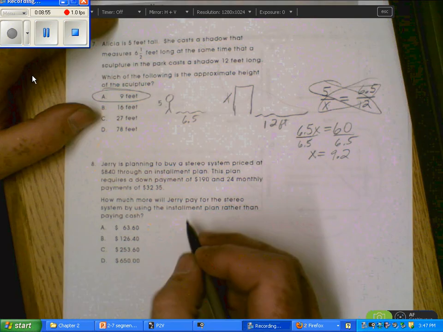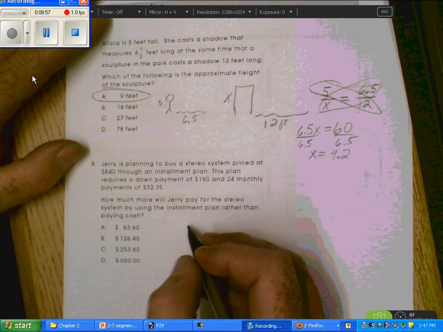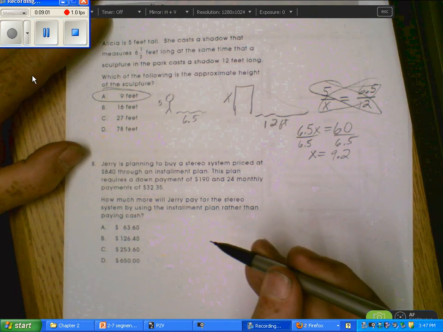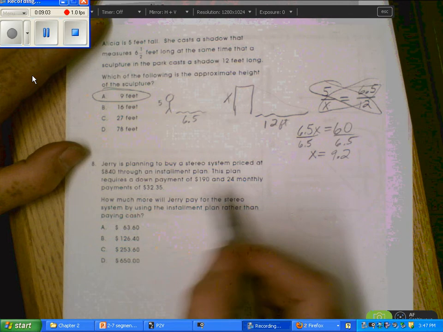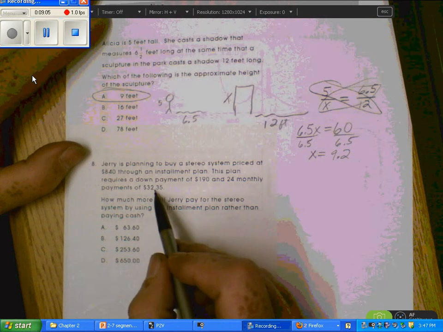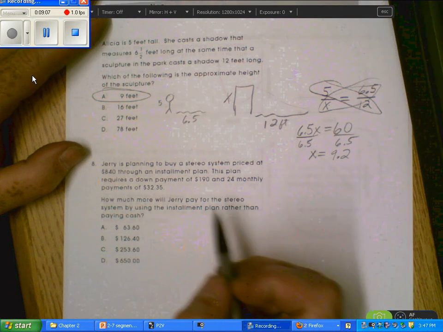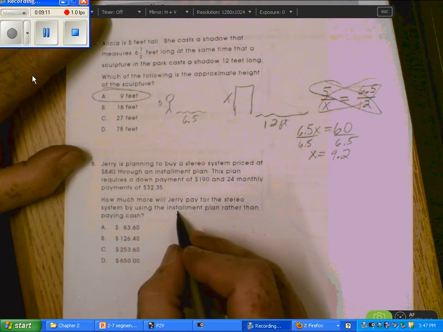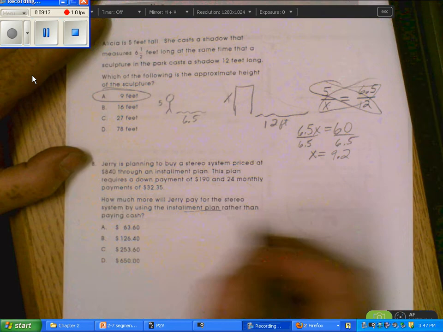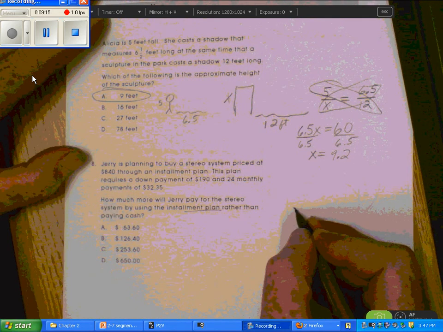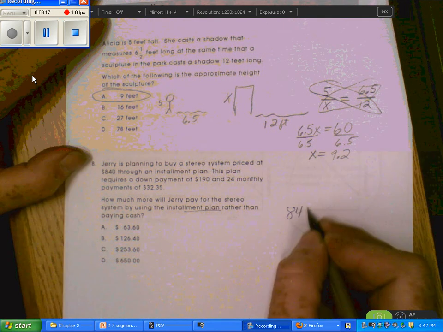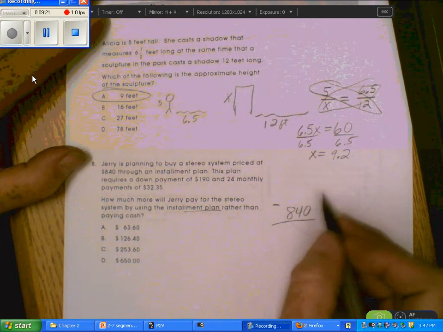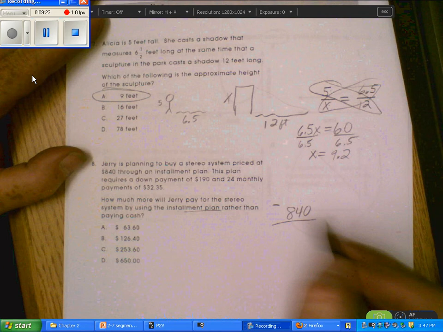Gary's planning on buying a stereo system priced at $840 through an installment plan. The plan requires a down payment of $190 and 24 payments of $32.35 each month. How much more will he pay if he uses the installment plan rather than paying cash? So if he paid cash, he was going to pay $840, and then we're going to find how much he pays on the installment plan, and we'll subtract those two, and that'll tell us how much more.